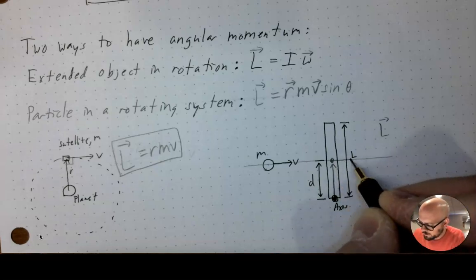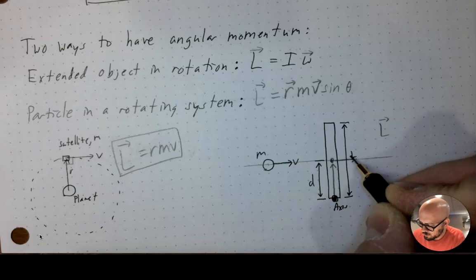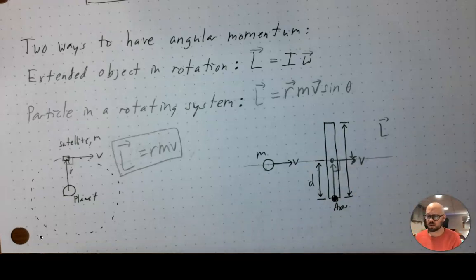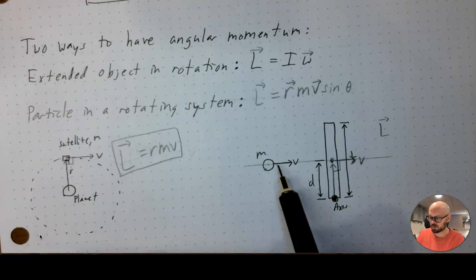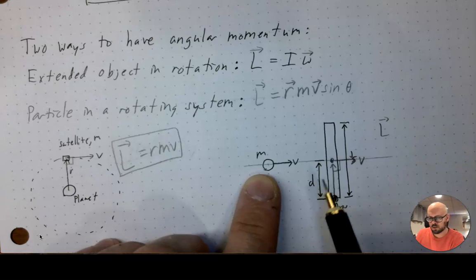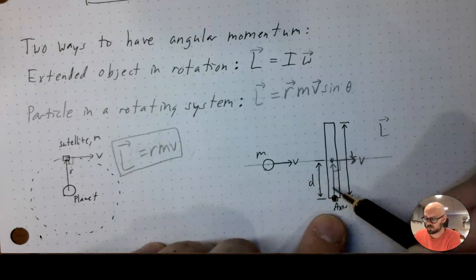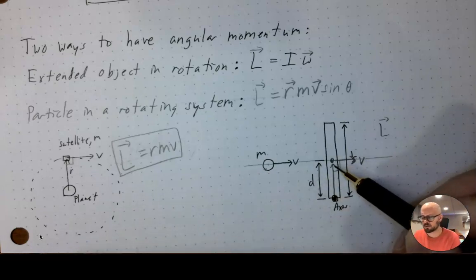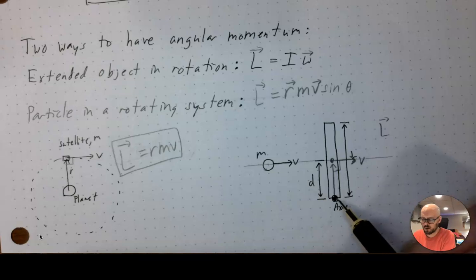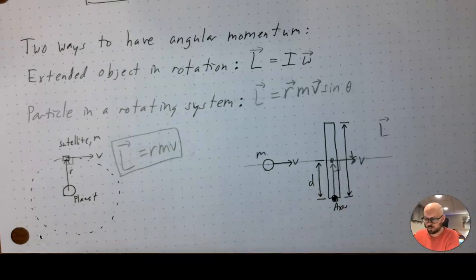And then that velocity vector, assuming it hasn't changed, is going to be in the same direction and the same magnitude. And that's going to create a right angle. So even though this object is moving and its value of r, strictly speaking, is changing, we can model it as if it's permanently at this position where the velocity is directed perpendicular to the bar, and the r value is measured from the axis to that point.